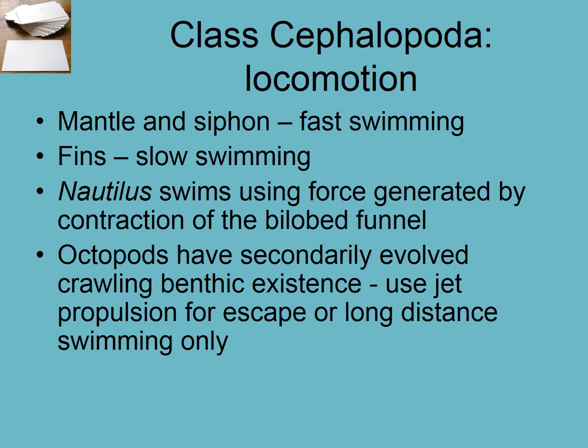Okay, so the Nautilus actually have two lobes of the funnel. The squid and cuttlefish have one lobe, and the octopus have a mantle that can use jet propulsion, but they don't really swim with it. They mostly just crawl.